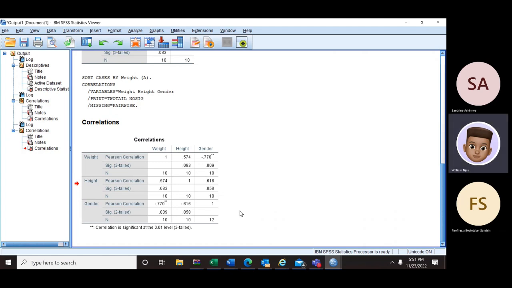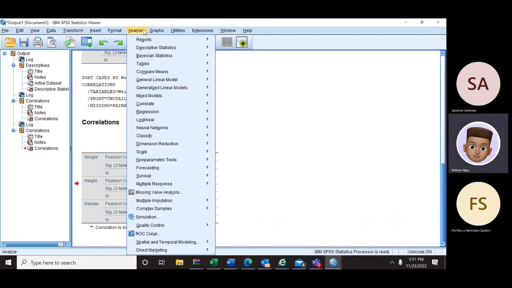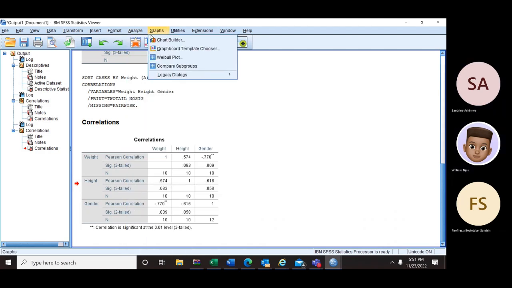So the other thing in the correlation, you can also do a diagram, which is known as a scatter plot. Let me show you that one. Now you don't go to analyze, go to graphs, chart builder.